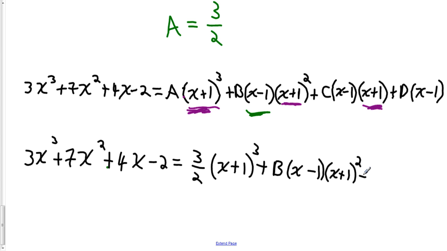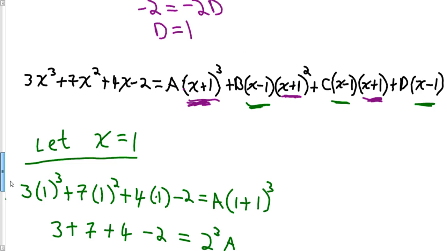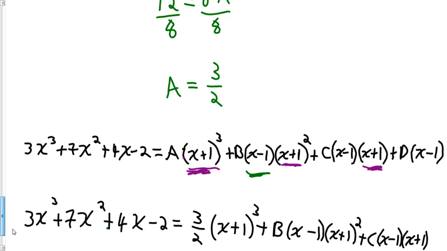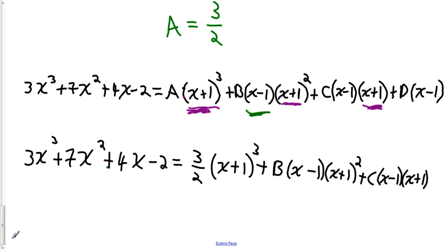I don't know c times x minus 1 times x plus 1. What I do know is that d is equal to positive 1. So I know that d is just positive 1. So all I have here, my last two terms are plus 1 times x minus 1. So I plug in everything I know.